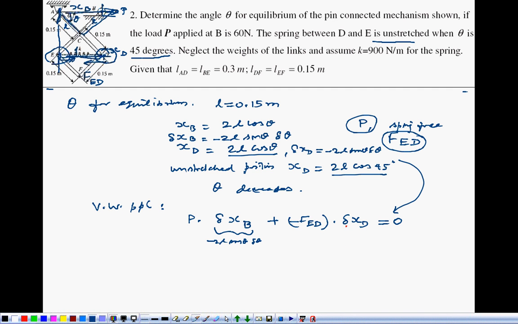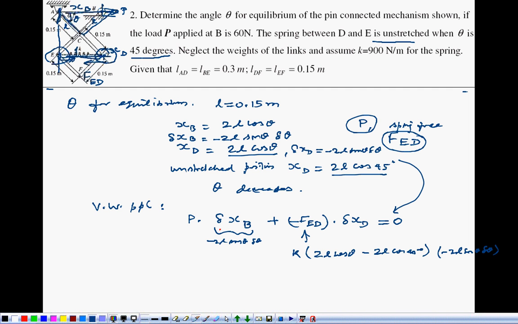Please remember, this particular force is equal to k times the changed length, which is 2L cos theta, minus the original length, which is 2L cos 45 degrees, times minus 2L sin theta delta theta.